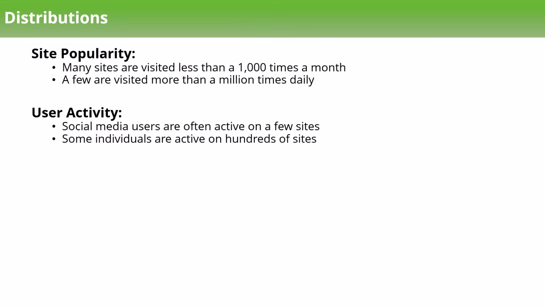The next one is site popularity. Many websites receive fewer than 1,000 visits per month. A few sites receive millions of visits daily. And then user activity. Most users participate in only a few online platforms, but some users are active across hundreds of sites. And then product price.